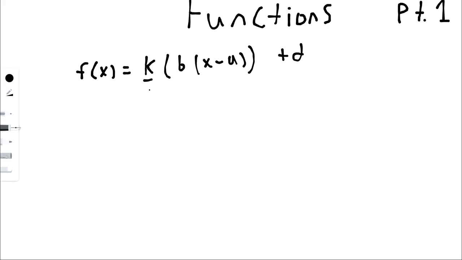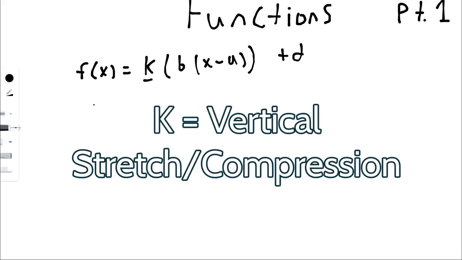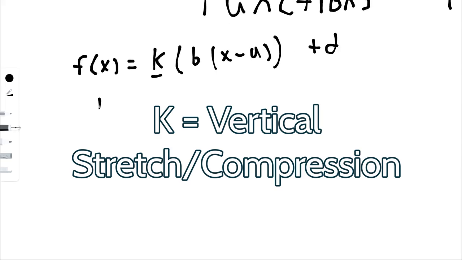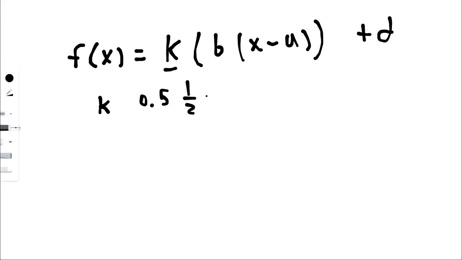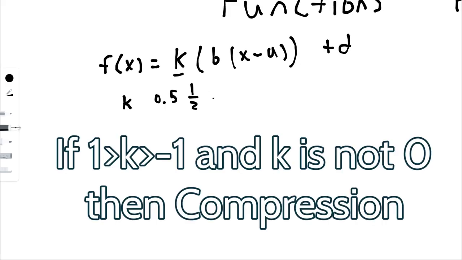So k in front here, that is going to be the vertical stretch or compression. So if k is a decimal number, like 0.5 or 1 over 2, then it's going to be a compression, not a stretch.